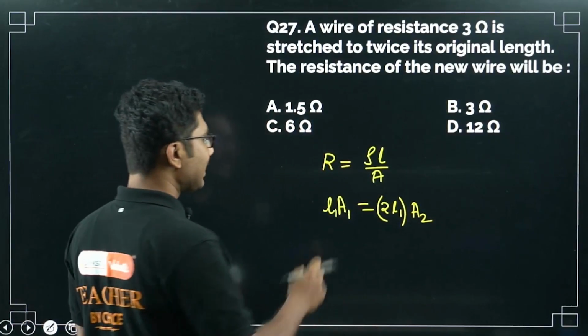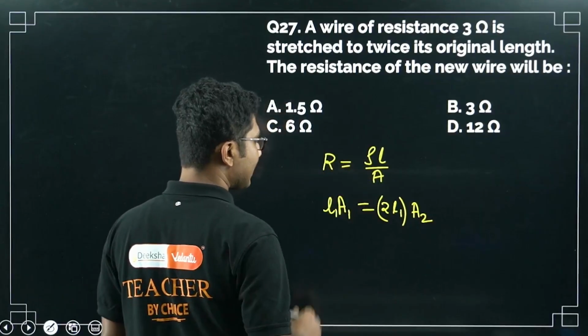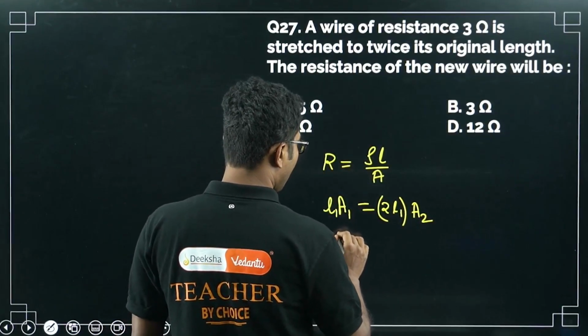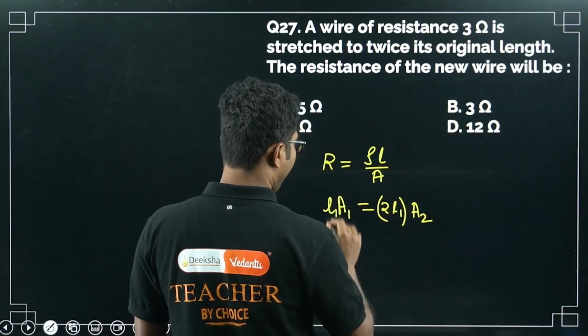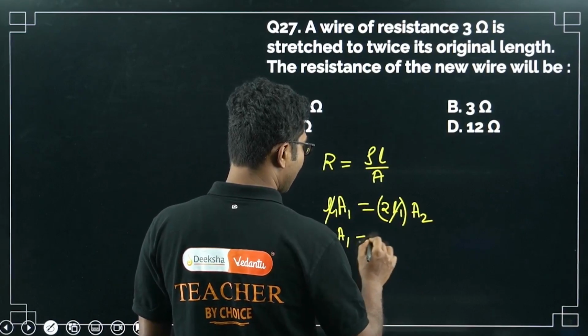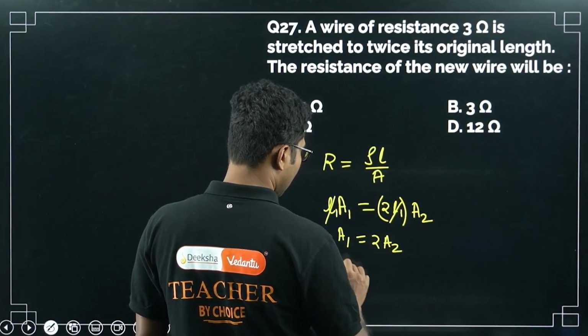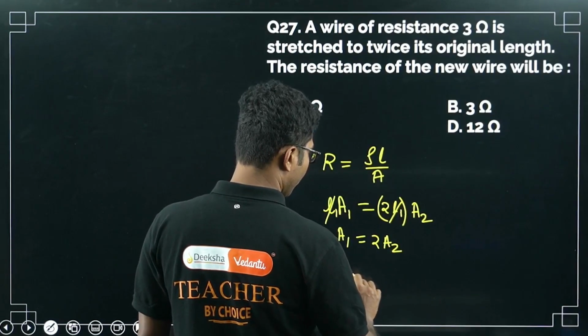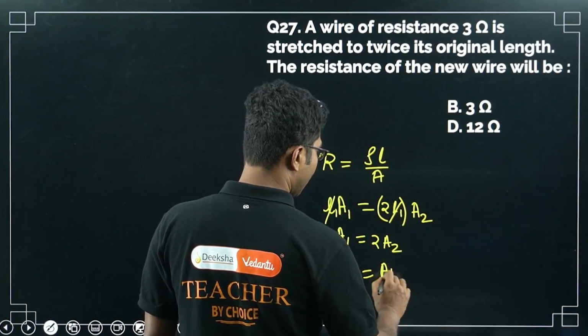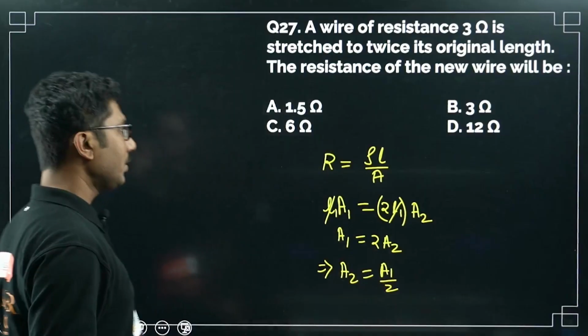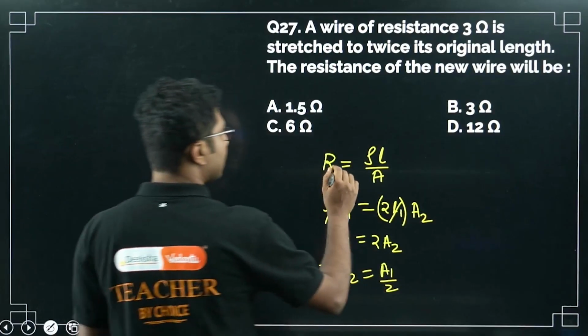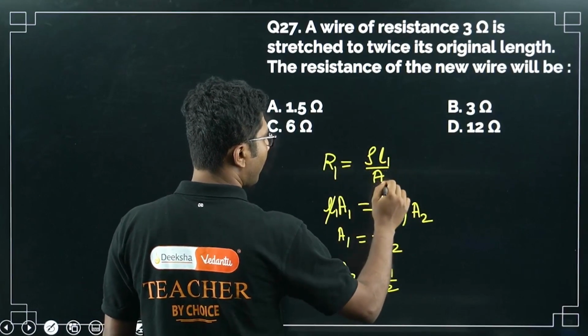What is the relationship between A1 and A2? That is the main question. So A1 L1 equals 2L1 A2, L1 cancels, A1 is equal to 2A2, or A2 equals A1 by 2, right?